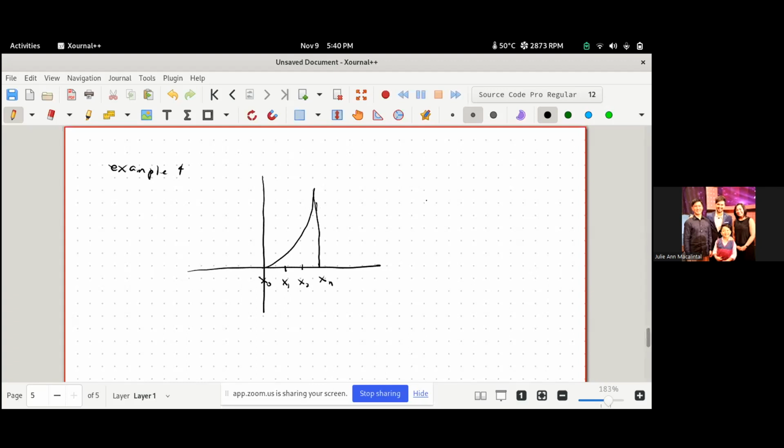So, using our notation, ang gagamitin natin ito, circumscribe yung rectangles na ito. Use red. So ito, overestimate siya ng area. Yung S sub n will look like this.